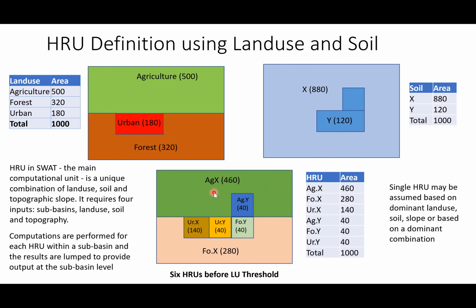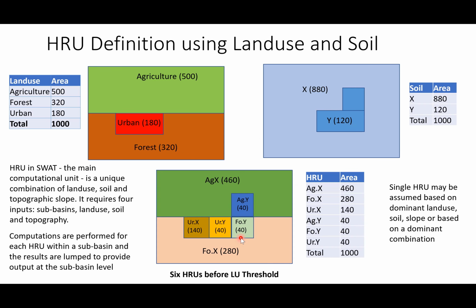So the dominant combination in this case is AGX. What we have done here is we have combined agriculture and X to create AGX, urban and X to create URX, urban and Y to create URY, and forest and Y to create FOY.